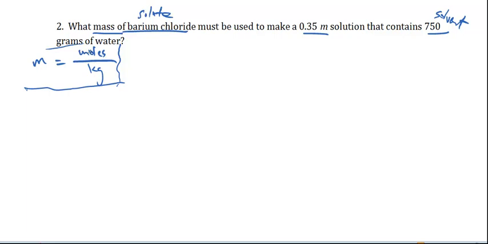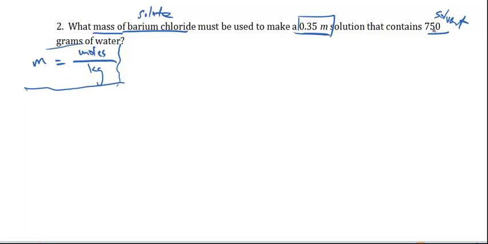Depending on the problem, we may need to do a little algebra and solve for moles, because the problem may give us molality, like it does in this case. We know it's 0.35 molal, and we essentially know how many kilograms of water we have.